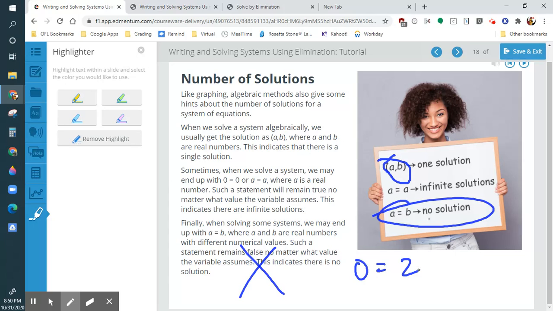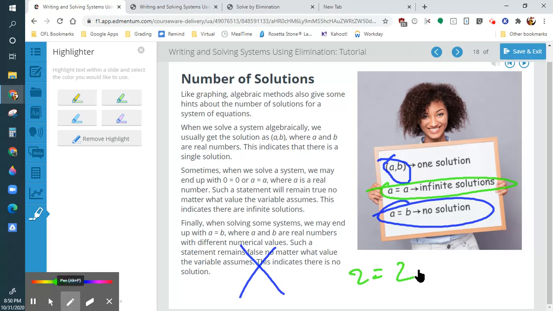If you get something like 2, let me use a different color for this. So if you get something like 2 equals 2, then you get that. So just to kind of illustrate the blue one a little bit more, you'll end up with something like what we've been doing. X equals 2, y equals 5 after we replace them.